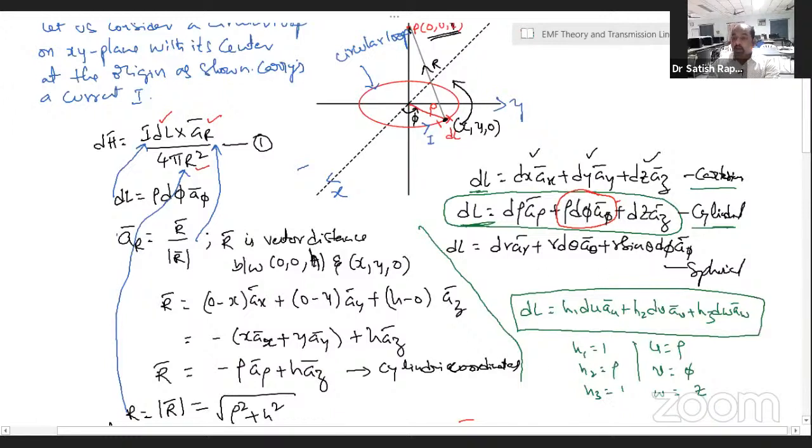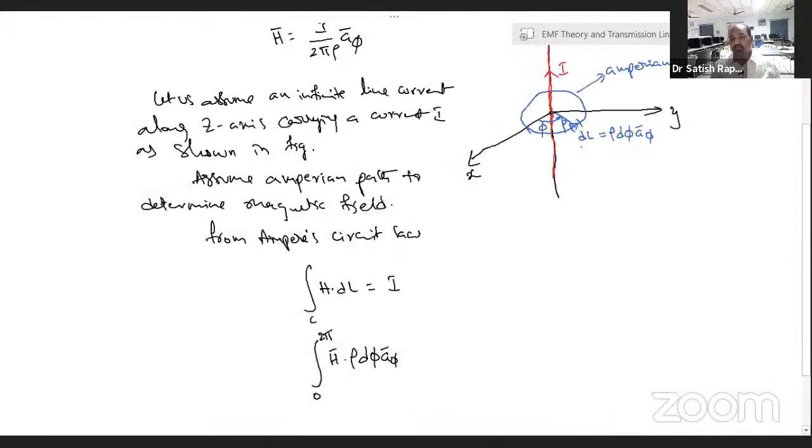And the differential element is taken along the phi direction, just like in this figure it was shown. dl is in the phi direction, so only the phi component is considered. Here also I did the same.